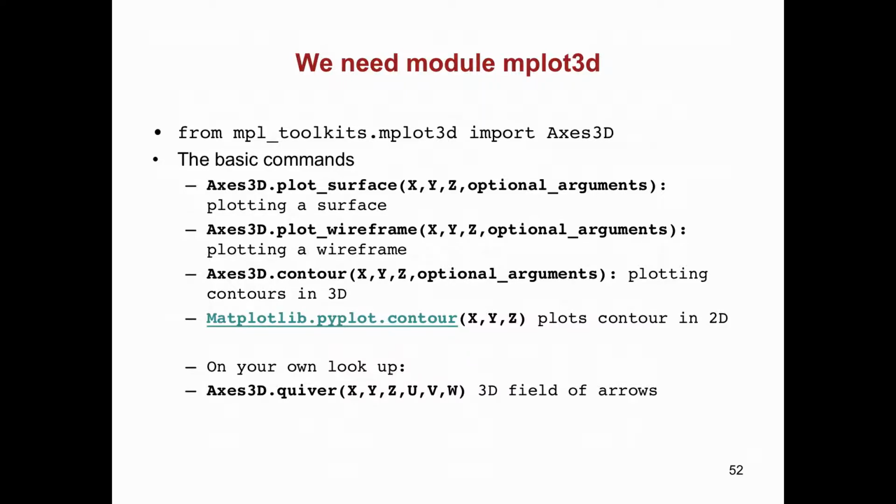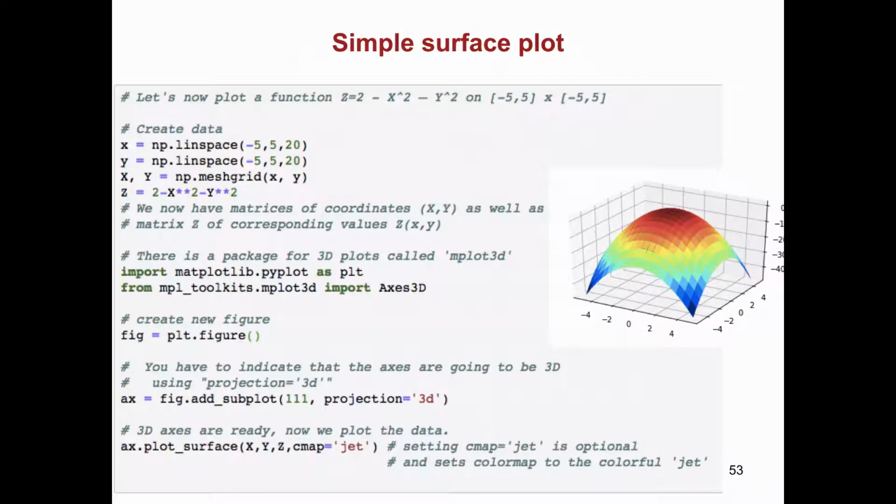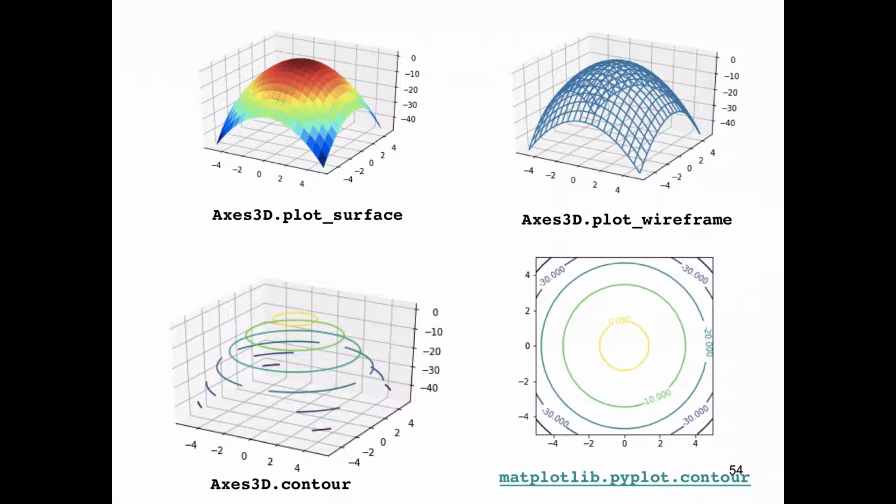I'm just going to flash the results, and we're going to then get on to doing them. So this would be a surface plot. We're going to get to producing this one. This would be a wireframe plot, contour plot in 3 dimensions, and a projected set of contours in x, y.